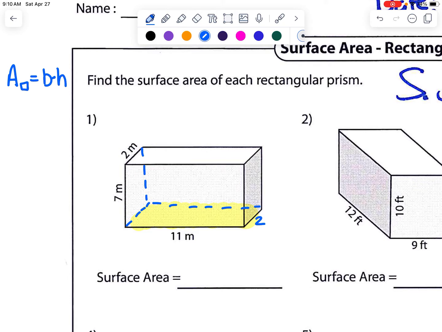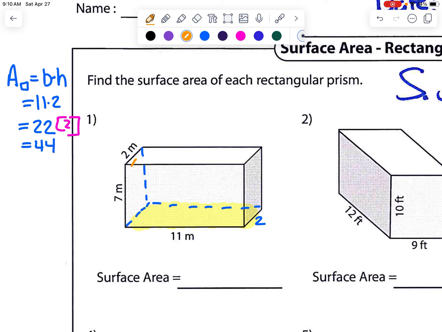So I'm just going to put a 2 here. So we have 11 times 2, and that is 22. Now, if the bottom is 22, that means the top is going to be 22. So we're going to times this by 2 to get 44. So that was my top and bottom.